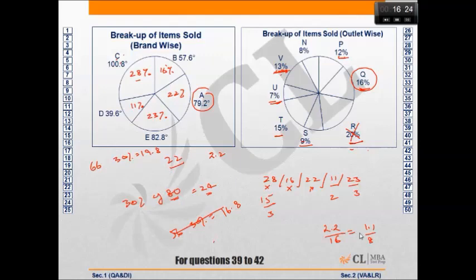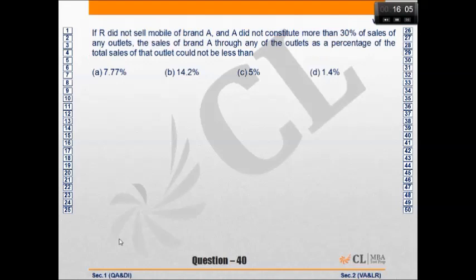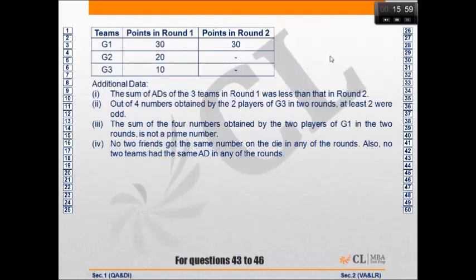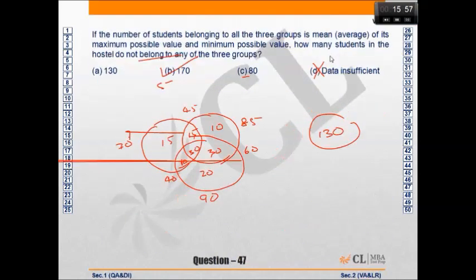Let me say 7. 7 is left, 80 means 73. 30% of 73 is 21.9. So 0.1 is left. So 0.1 on 7 is 1 by 70, that was a 1.4% choice. Yes, the correct answer is this. I'll leave the other questions. I think they will be time consuming, and I'll go to 15 and 16 minutes.